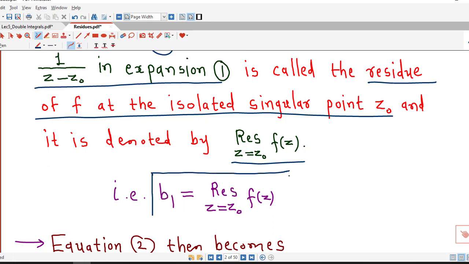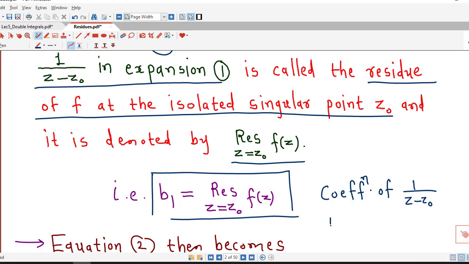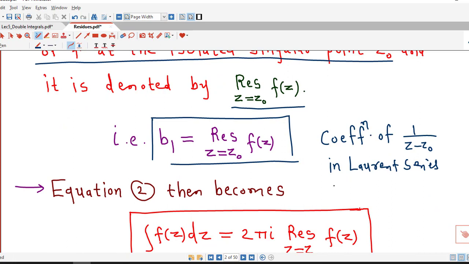So that is, b1 is nothing but the residue of f of z at z equal to z0, and we will remember that b1 is nothing but the coefficient of 1 over z minus z0 in the Laurent series expansion of f of z about the point z0.